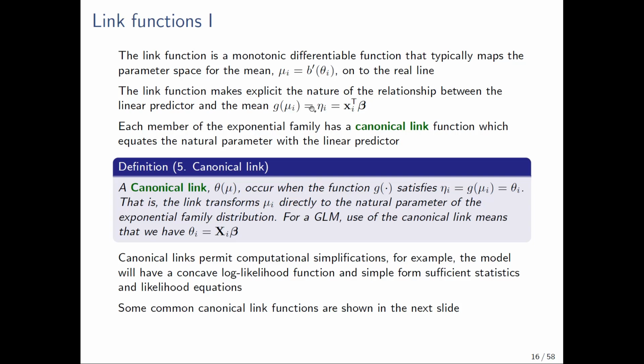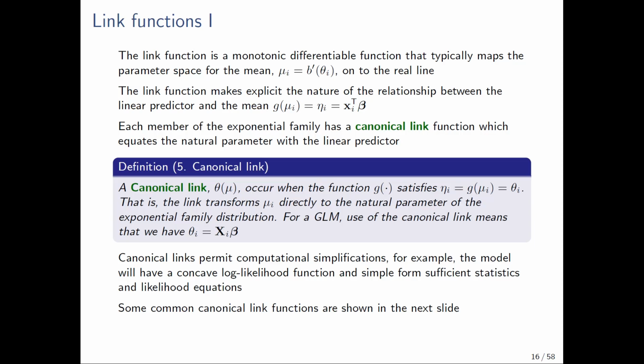Now each member of the exponential family has a canonical link function, which equates the natural parameter with the link function directly. That's the definition on the slide. So a canonical link occurs when g satisfies g of mu i equals theta i. The link transforms the mean directly to the natural parameter of an exponential family distribution.